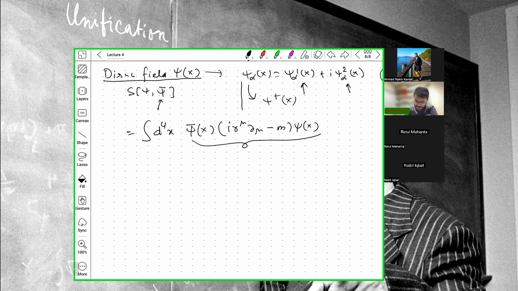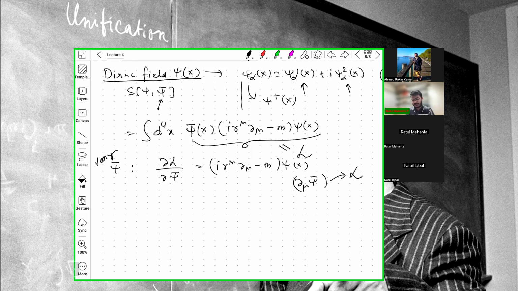So this is the Lagrangian density. Immediately you can see, if you vary psi bar, this will lead to this quantity, and in the action there is no derivative of psi bar. You can see that the Lagrangian does not have any derivatives in psi bar.